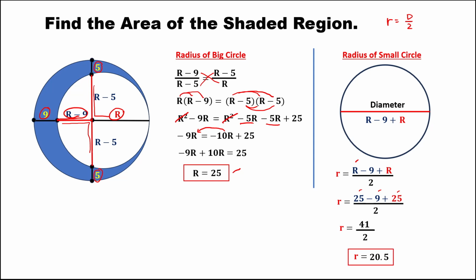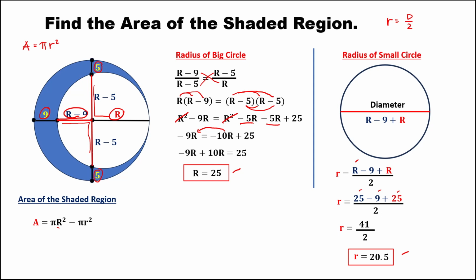Since we have now the radius of the big circle and the radius of the small circle, we can find now the area of the shaded region. Take note that the formula for the area of a circle is pi r squared. So the area of the shaded region equals the area of the big circle minus the area of the small circle.